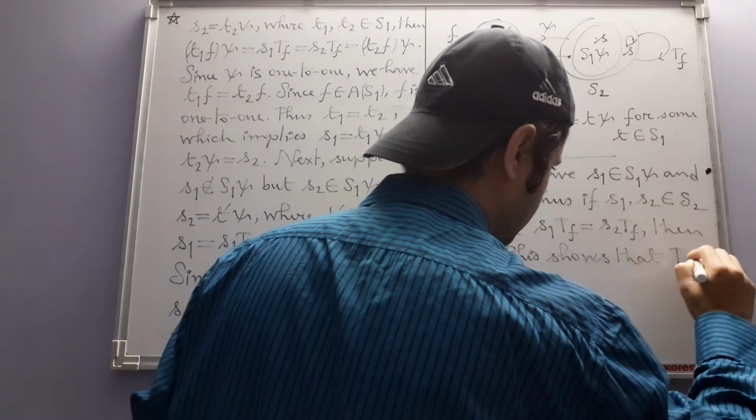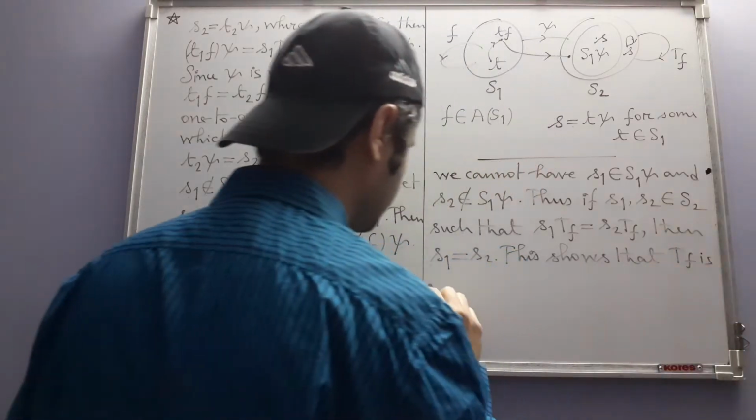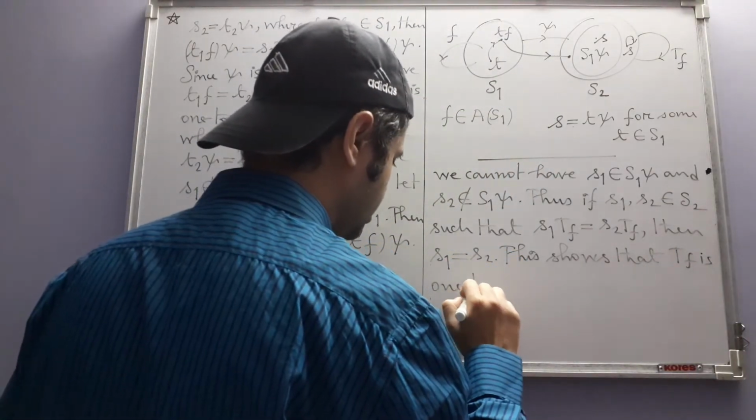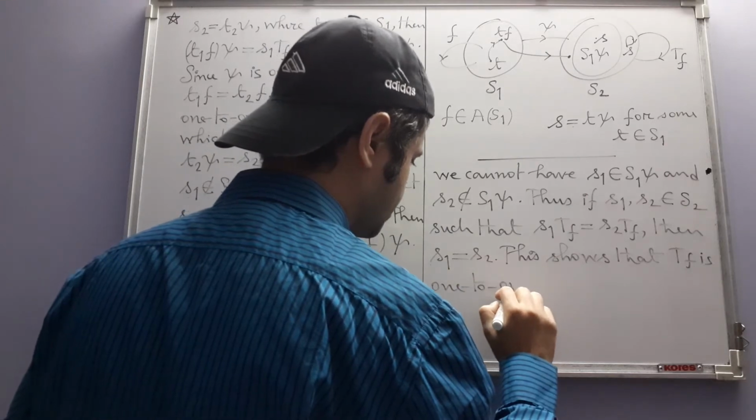This shows that TF is 1-to-1. TF is an injective mapping.